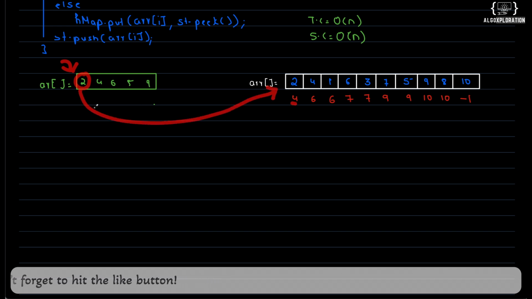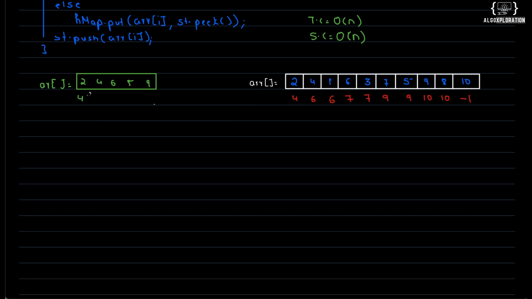So the answer is 4. For this element, you need to search for the answer, so this will be 6. For this 6, the answer is 7, so you need to write 7. For this 5, the answer is 9, so you need to write 9. For this 9, you need to search in this array and you need to have 10 over here. So like this, you need to return the answer.